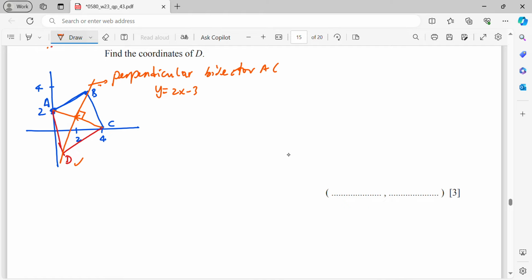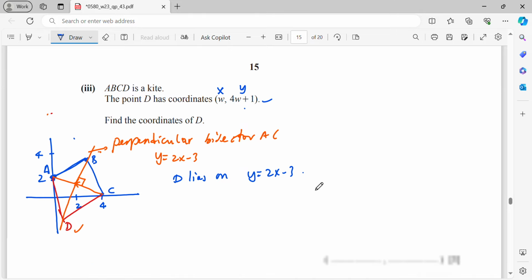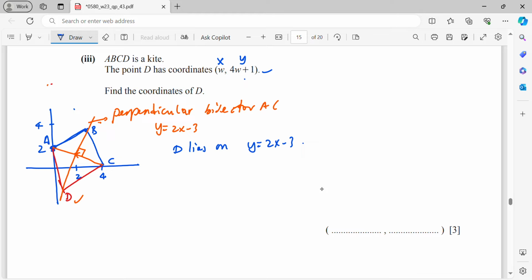So now my working is, since my D lies on y equals 2x minus 3, the coordinates of D must satisfy this equation. This is my x, this is my y. So I will write 4w plus 1, which is my y coordinate, equals 2 of w minus 3. So 4w plus 1 is 2w minus 3. The 2w will be moved to the left side, and the 1 will be moved to the right side.